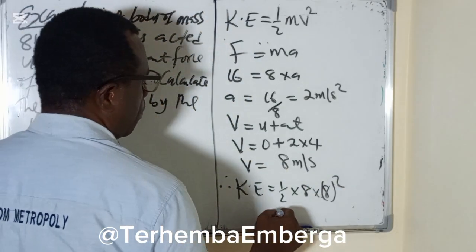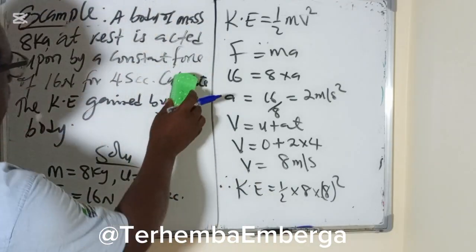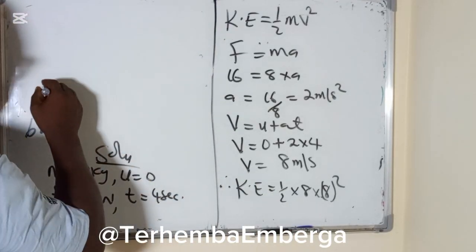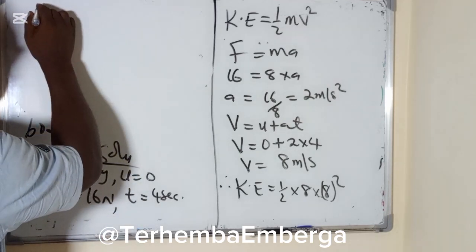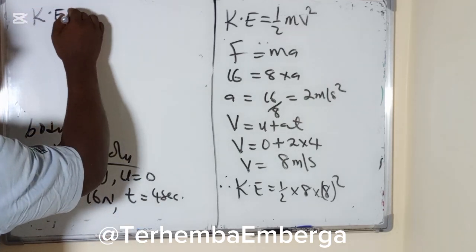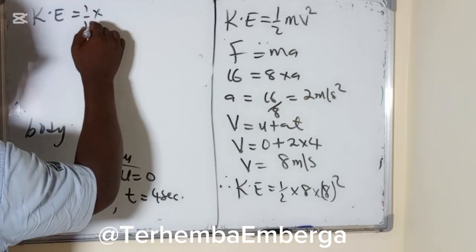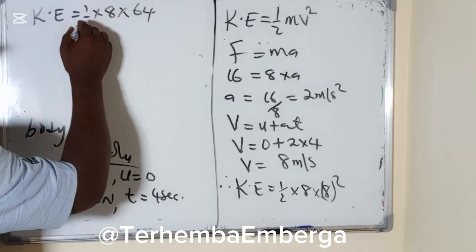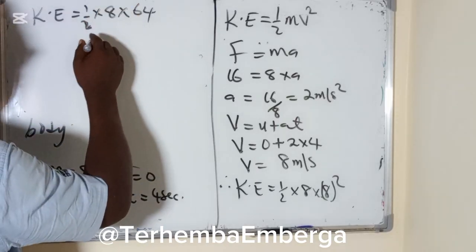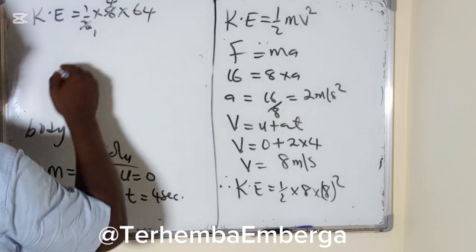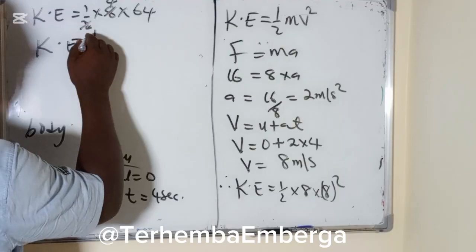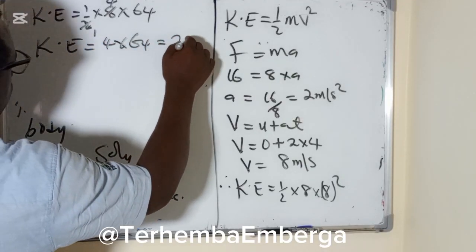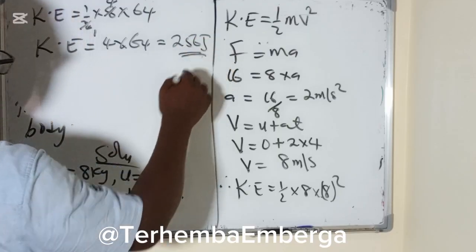If you multiply this out, you now have kinetic energy equal to half times 8 times 64. So these two can take care of this: 2 here, 1, 2 here, 4. So we have kinetic energy equal to 4 times 64, which will give us 256 joules.